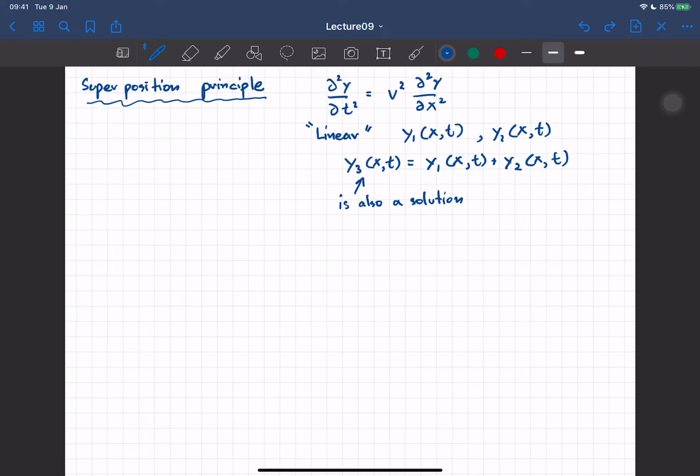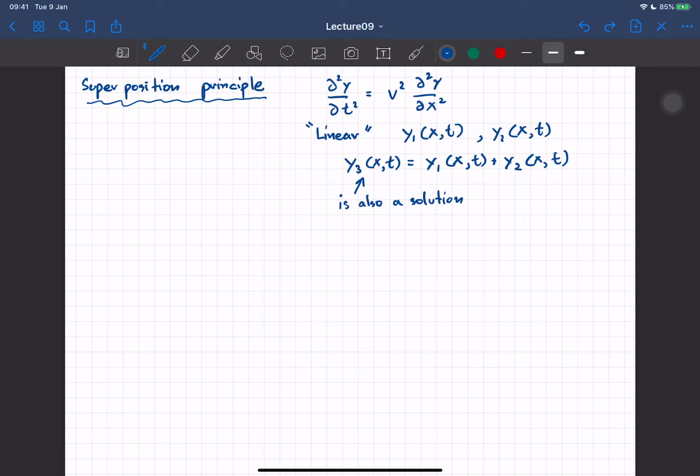This is a little bit more technical, but I just want to show you that the superposition principle does not just pop up because someone says so, but it's a direct consequence of the linearity of the wave equation that we have here.